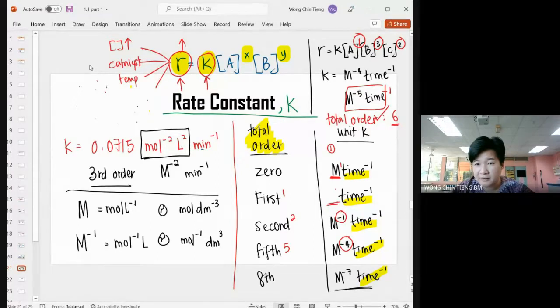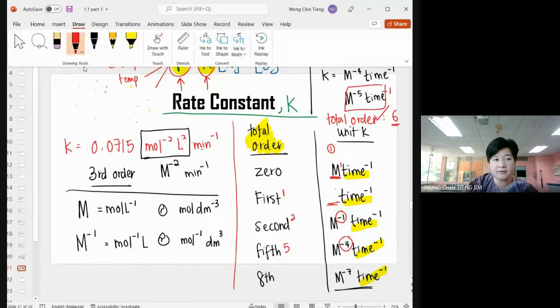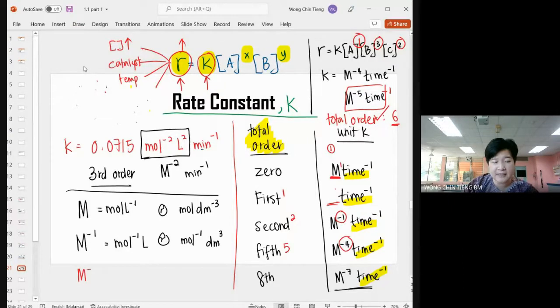Okay. And what would happen when it is M, let's say, negative 4? Apa jadi kalau M negative 4? Kalau M negative 4, yang ni dia jarang keluar dah. Dia akan main kat sini. It will be mole negative 4 liter 4. Okay?